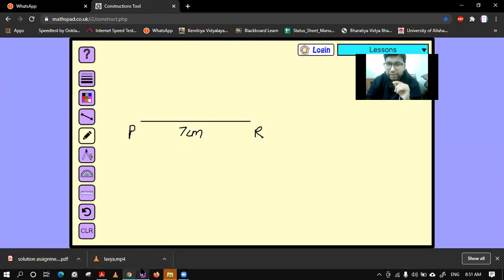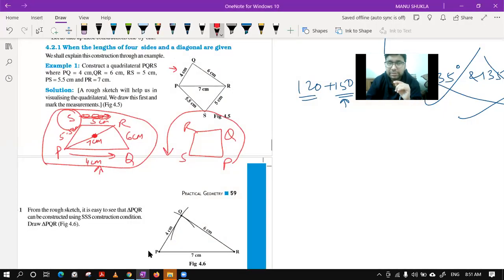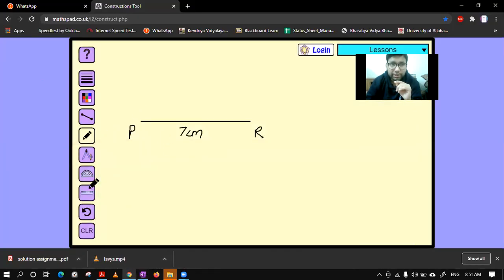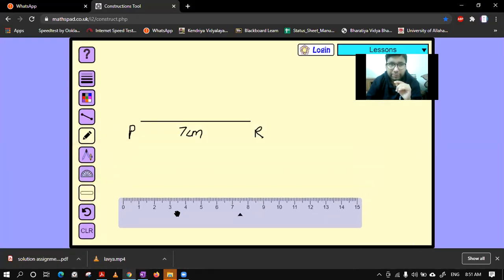For that, what needs to be done, class? Please tell me, what is the length of PS? The length of PS is how much? 5.5 centimeter. So let's try to cut an arc of 5.5 centimeter using the compass.